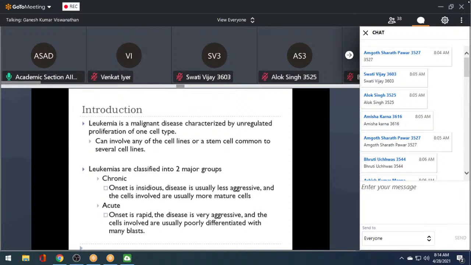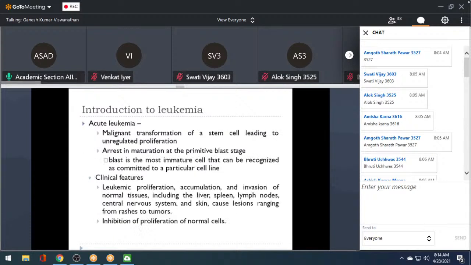Another important feature is the type of cell you see in acute leukemias. You see blasts. Blasts are basically undifferentiated early type of cells, whereas in chronic leukemias, you see more mature cells. Acute leukemia, as we just discussed, is the malignant transformation of a stem cell causing unregulated proliferation.